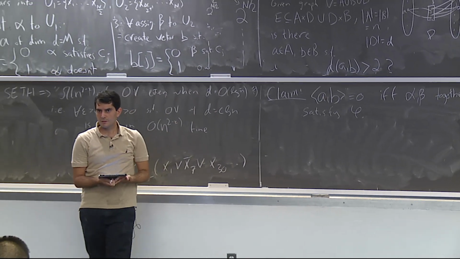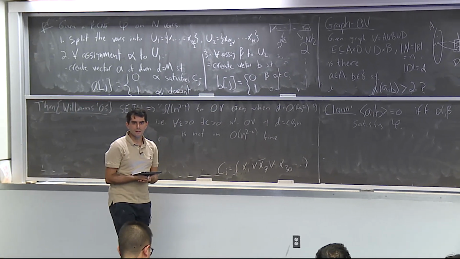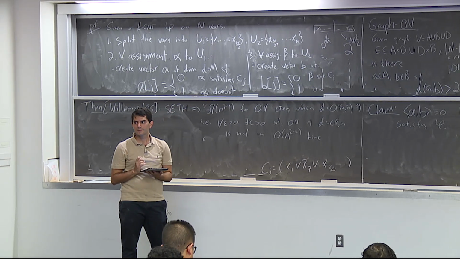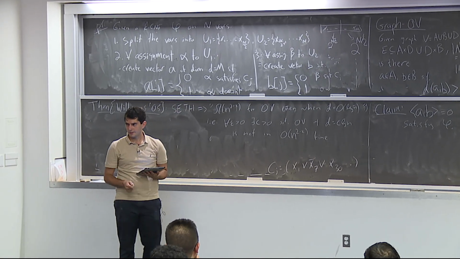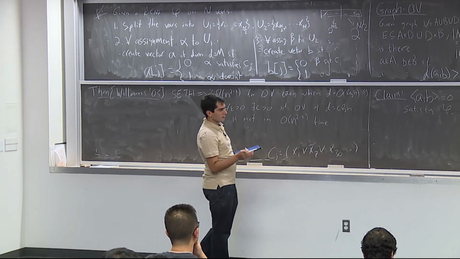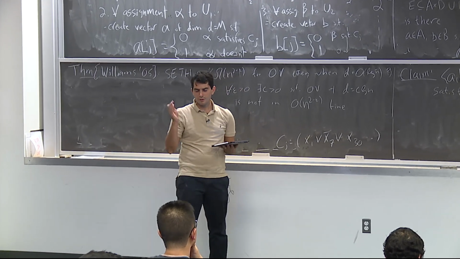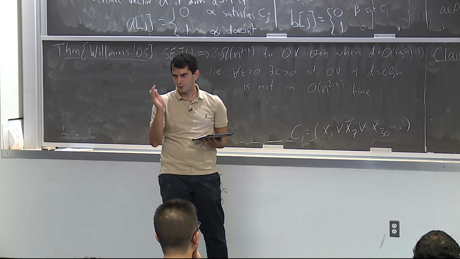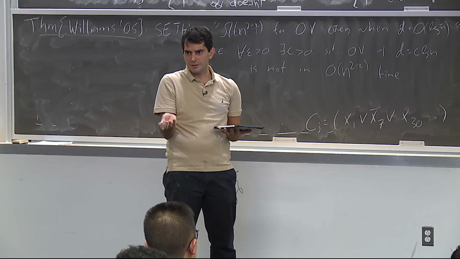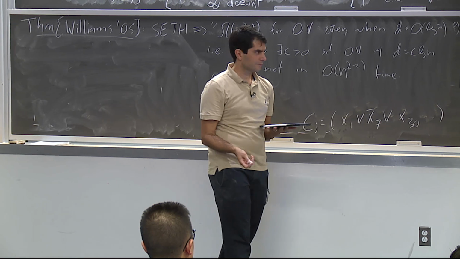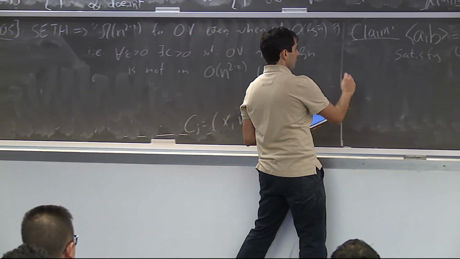Does anyone see why that's true? Never get ones together. So either this or that will satisfy. Exactly. For every coordinate, which means for every clause, there will be a 0. There will not be 1, 1 if they're orthogonal. So one of them satisfies. One of them is 0, which means that it satisfies the clause. That's the proof.